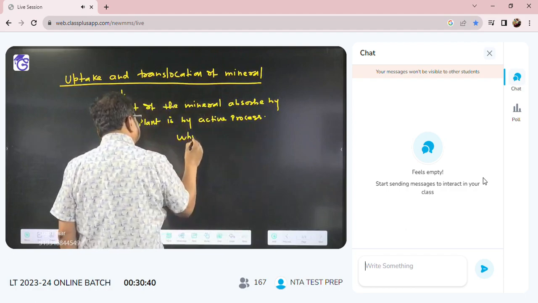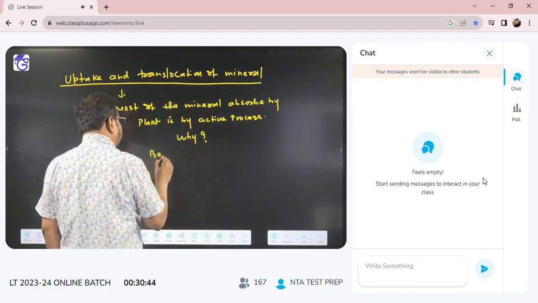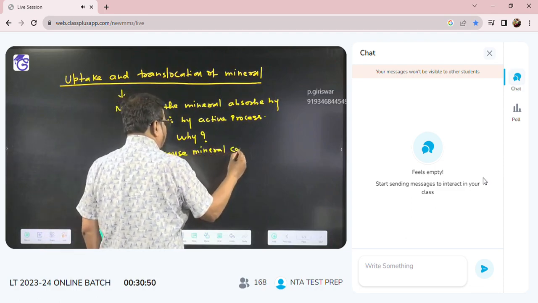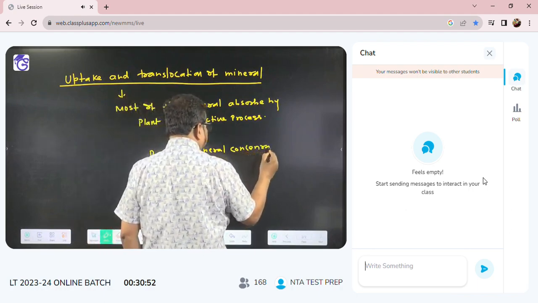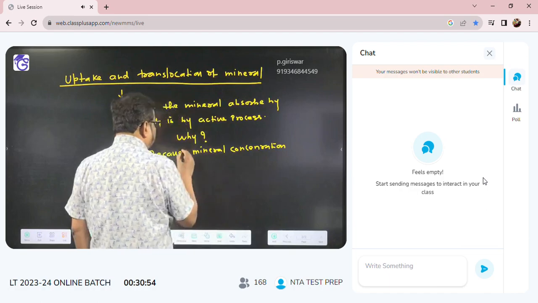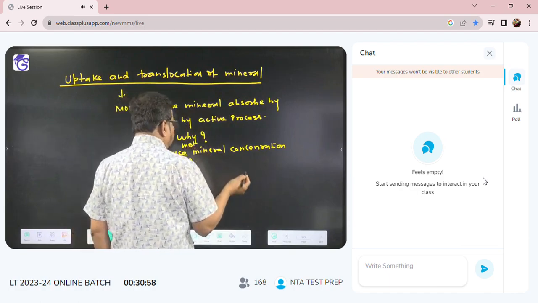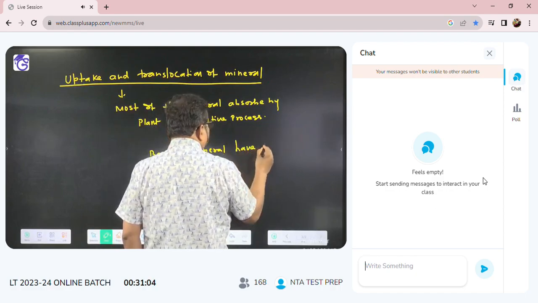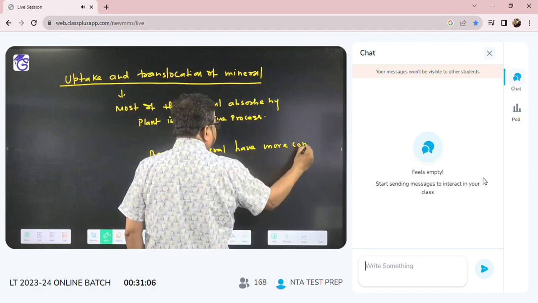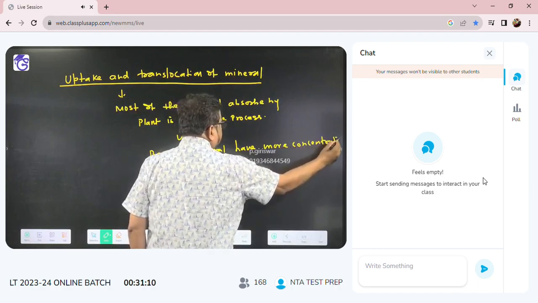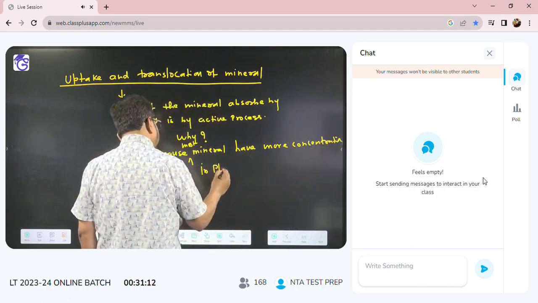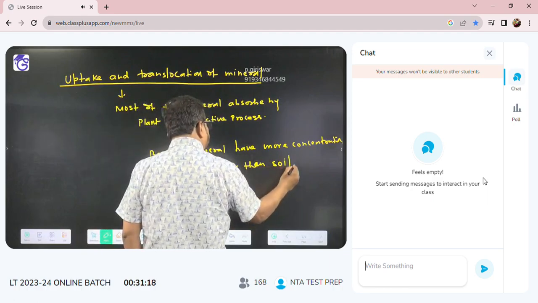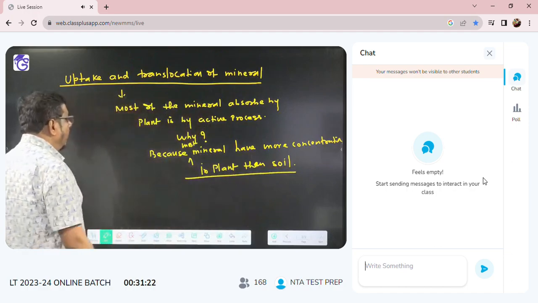Why? Because most minerals have more concentration in the plant than in the soil. Meaning most of the mineral concentration is higher in the plant than in the soil.